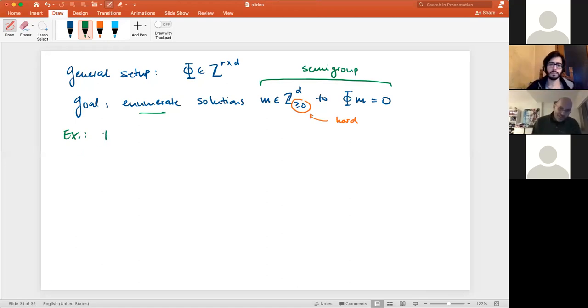So if you give me a polytope in R to the d, given by a system of linear inequalities, I want to construct a semigroup first. The first thing is I'm going to make inequalities into equalities by introducing slack variables.